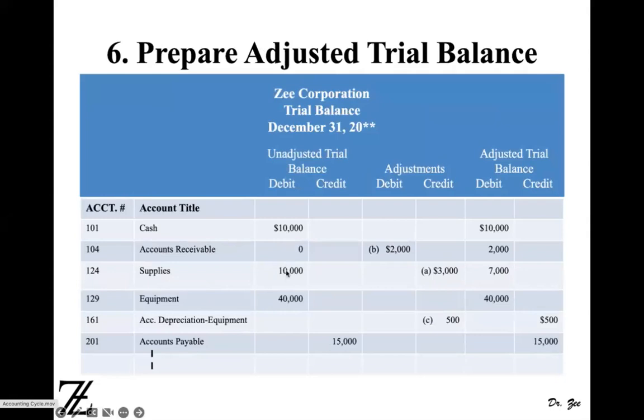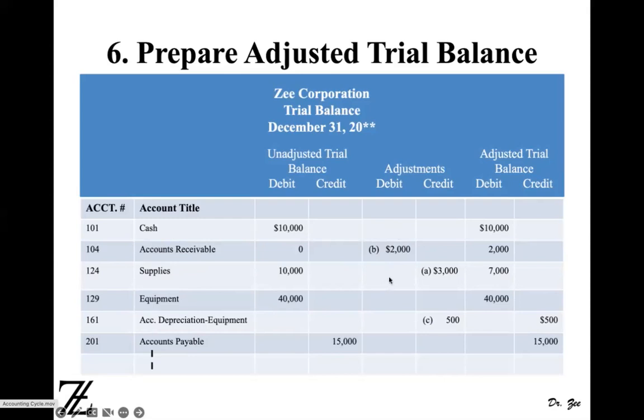So if you see here, we are listing the items in the unadjusted trial balance we had, and then we have the adjustments. Accounts receivable has increased from $0 to $2,000. So we have adjusted that, since accounts receivable is an asset account that has increased.